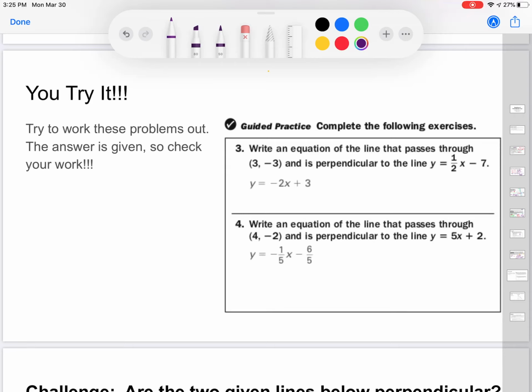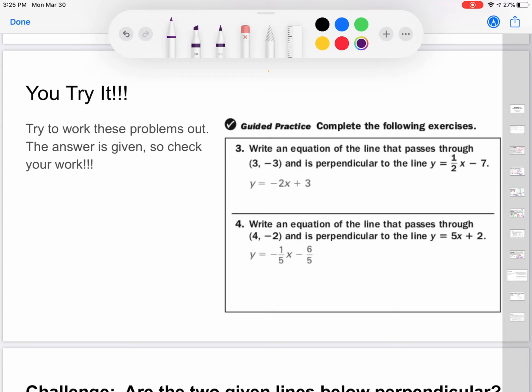If you need to back the video up and rewatch that section, that's okay. Or if you took good notes, you can follow your notes. But at least pick one of these problems and work through it and see if you're able to do it. I'm not going to work through it myself because the answer is given. You'll be able to check your answer there.